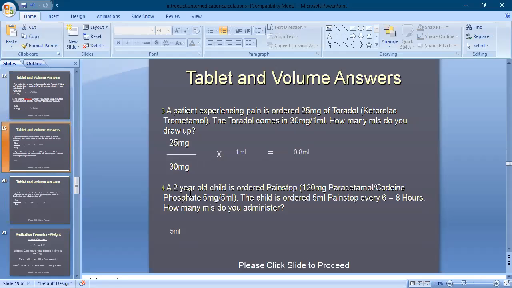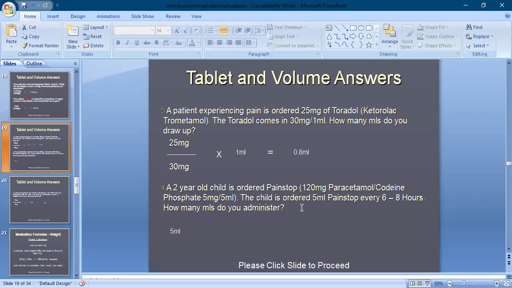Another question, a 2 year old child is ordered a pain syrup. This is a little bit complicated, okay? You have to practice. 120 milligram paracetamol with codeine phosphate 5. The doctor ordered 5 ml pain syrup every 6 to 8 hours.